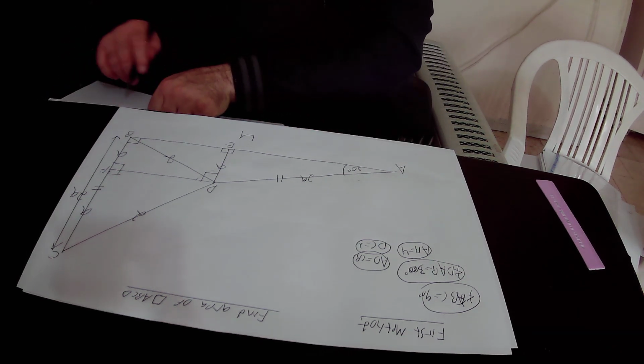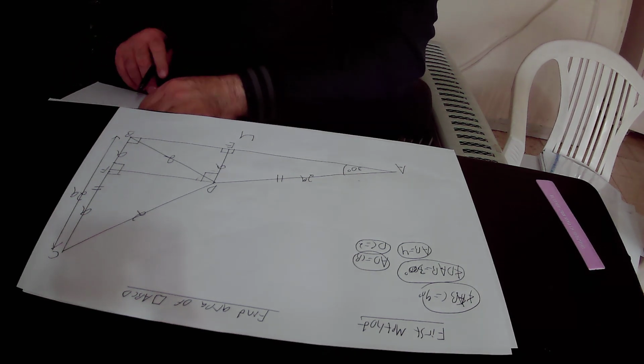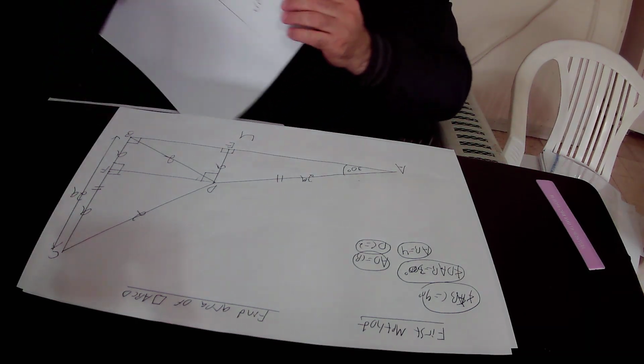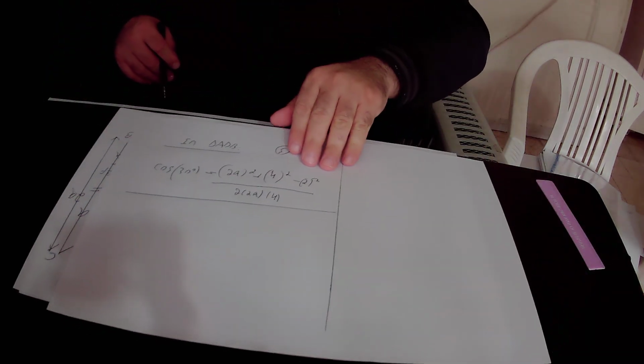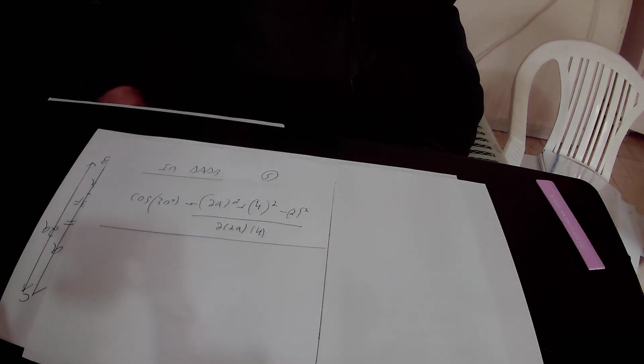So we actually implemented the law of cosines in triangle ADB, and we got that cosine 30 degrees equals (2A) squared plus 4 squared minus 2 squared over 2 times 2A times 4.